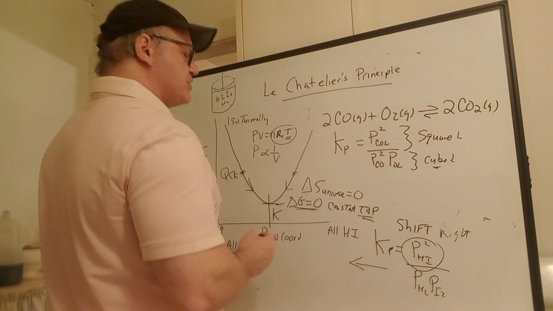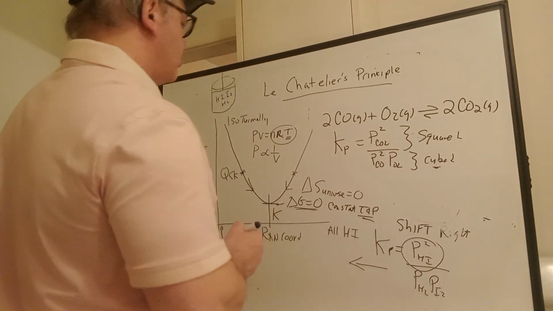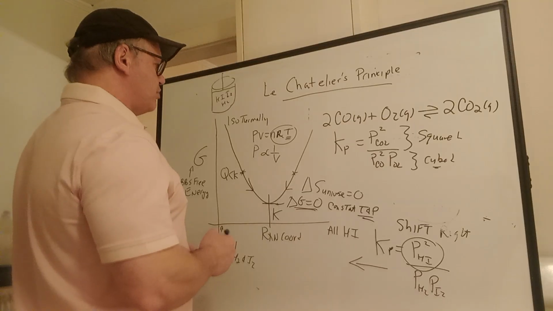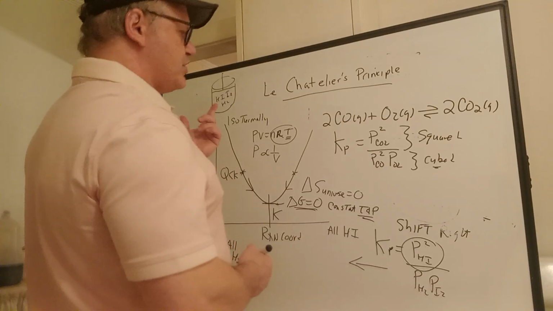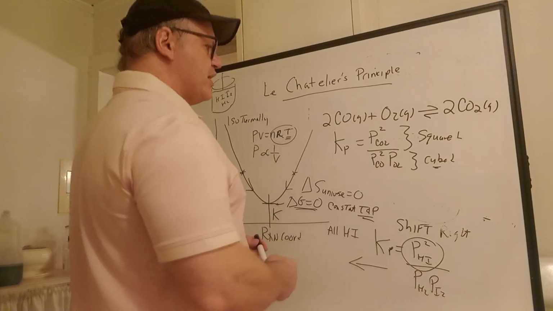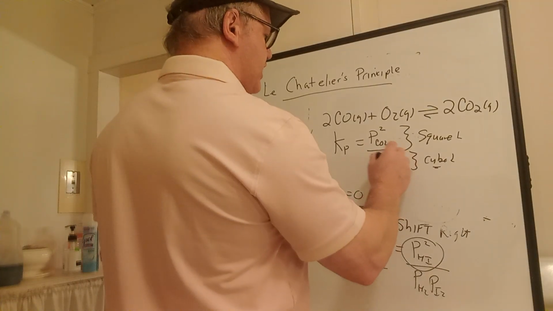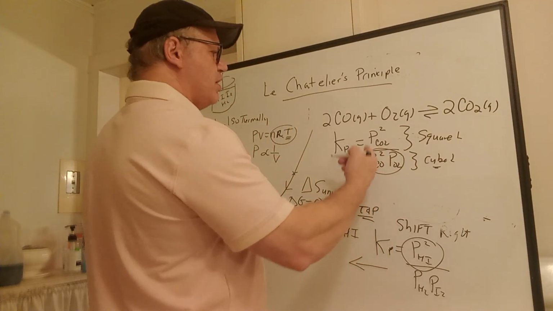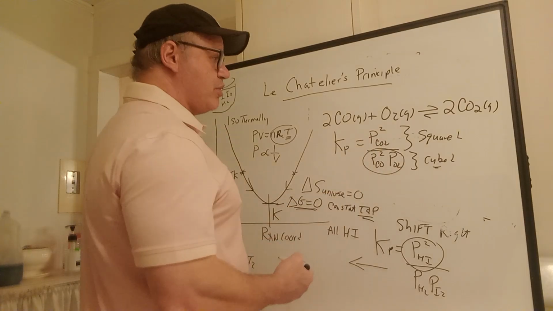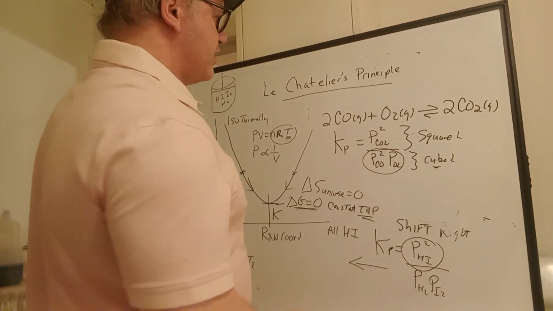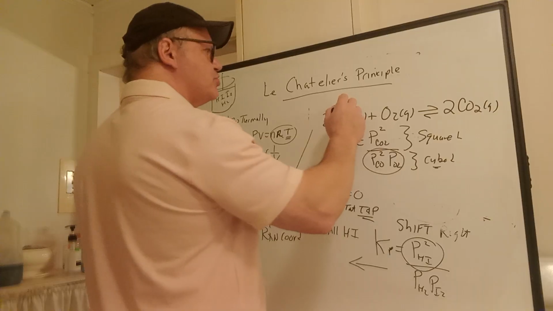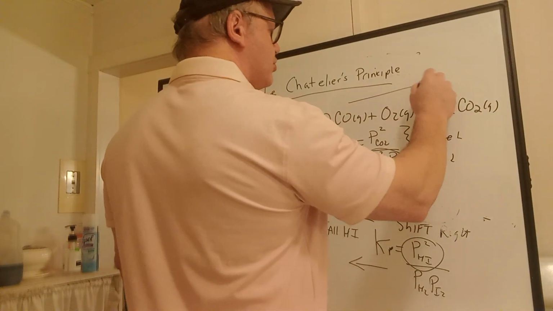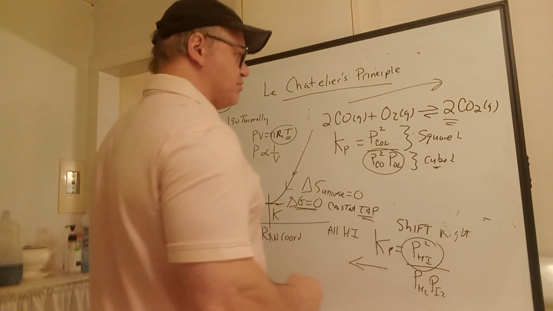So what happens in this case is, when you decrease the volume, you compress, and you increase the partial pressures. That means the bottom blows up more than the top. The way you relieve that, this new value Q, is you shift to the right, to where you have less gas phase moles.